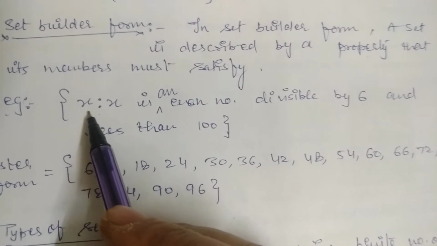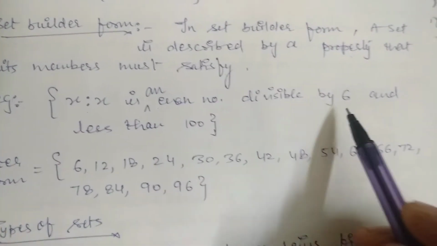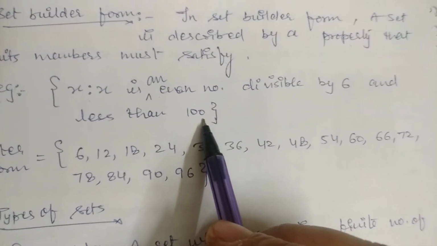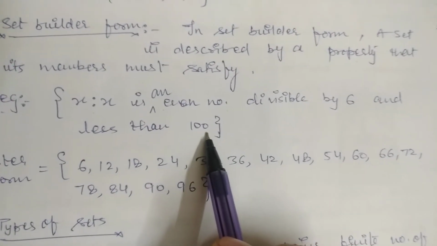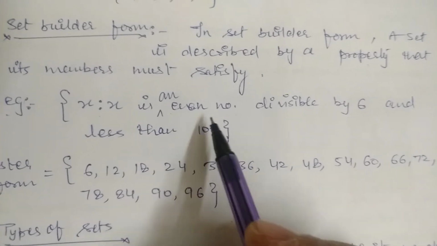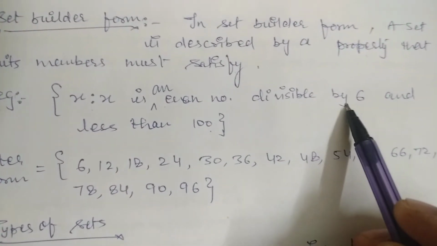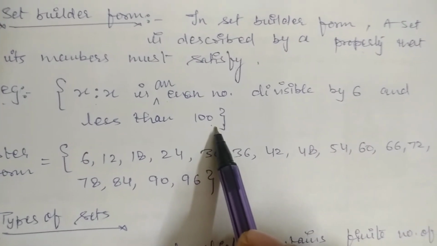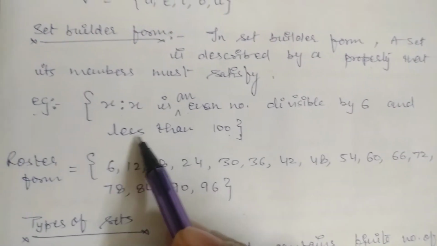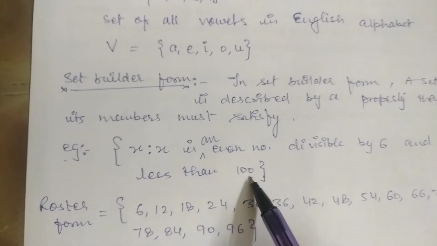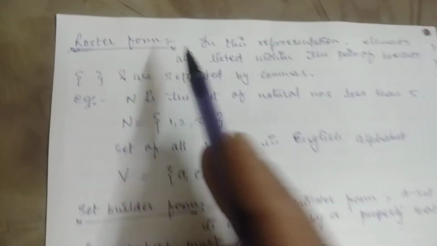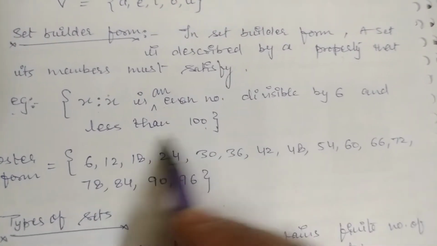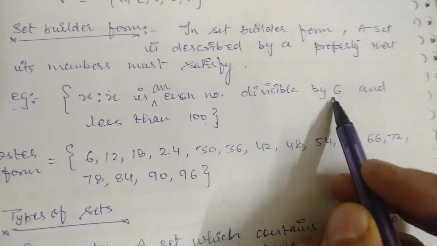is an even number divisible by 6. Means all the elements are even numbers, divisible by 6 and less than 100. All the elements of the set satisfy this property: all are even, all are divisible by 6 and all are less than 100. So if we want to write this set in roster form, what will it be? In roster form you write all the elements less than 100 which are even and divisible by 6.